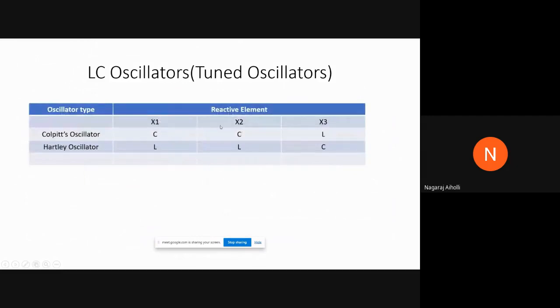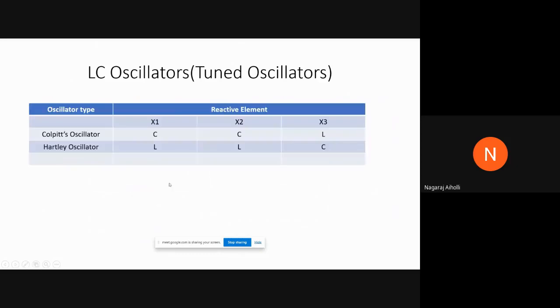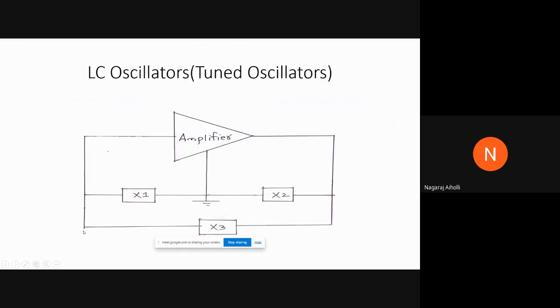If X1 and X2 are capacitors and X3 is an inductor, then the circuit is called a Colpitts oscillator. And if X1, X2 are inductances and X3 is a capacitance, then it is called a Hartley oscillator.